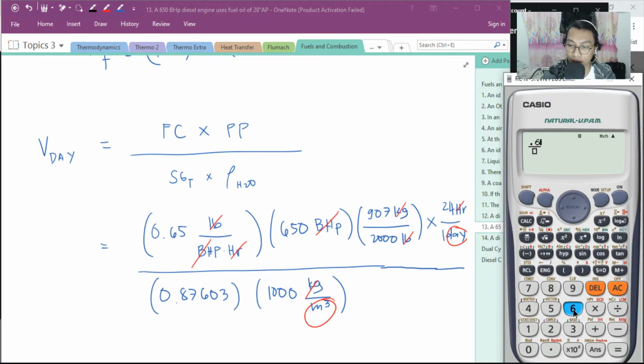So, 0.65 times 650 times 907 divided by 2,000 times 24 divided by 0.87603 times 1,000.